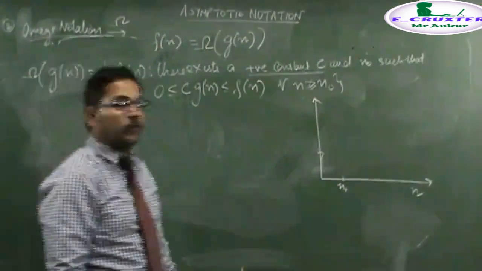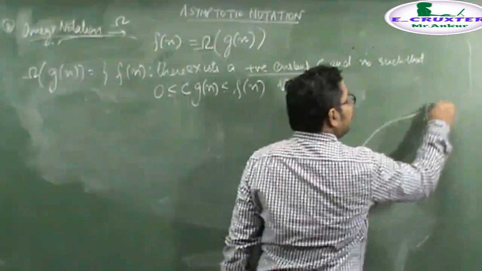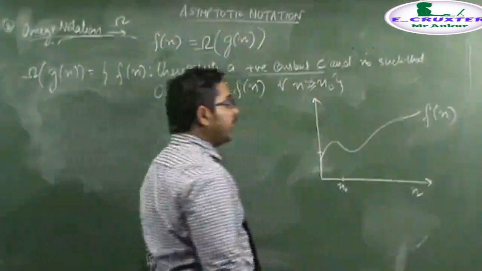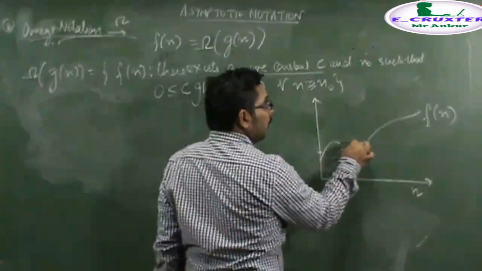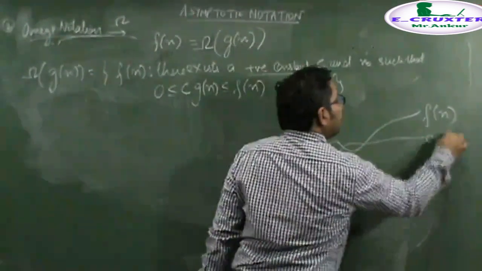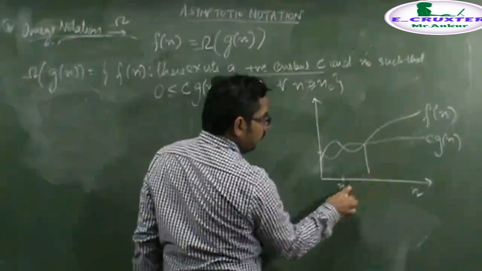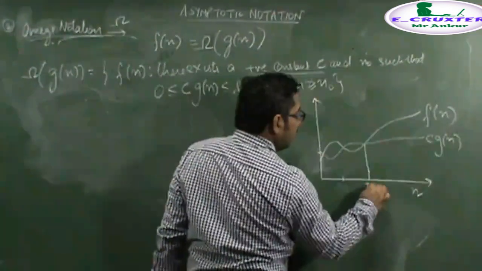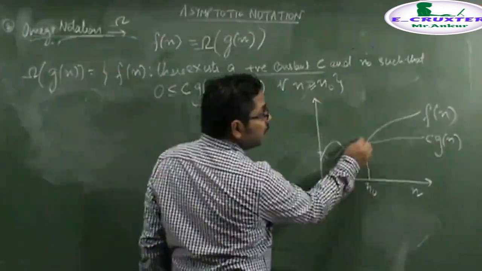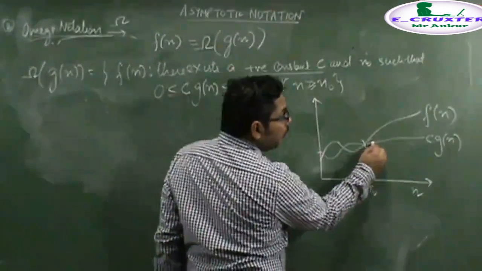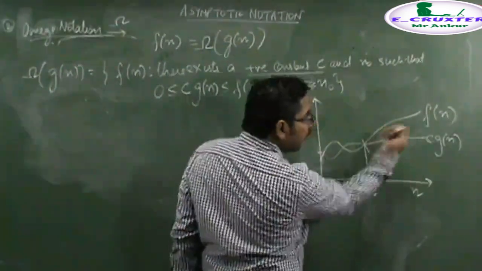Diagrammatically, you will notice that if this is the f(n) function, and this is, let's say, the c g(n) function, then after this input, when we multiply g(n) with c, all the values of the g(n) function are acting as a lower bound for the f(n) function.